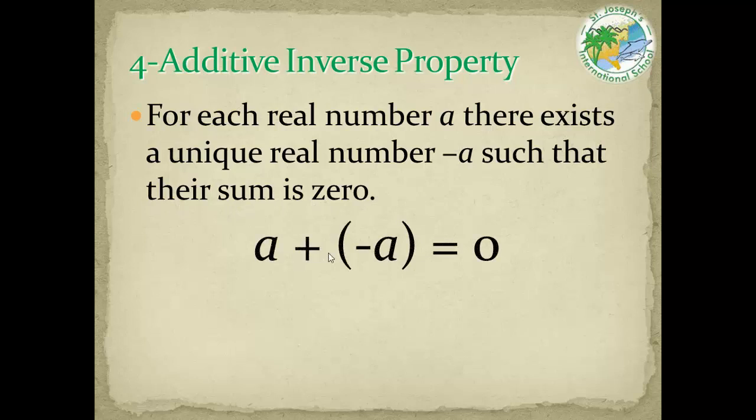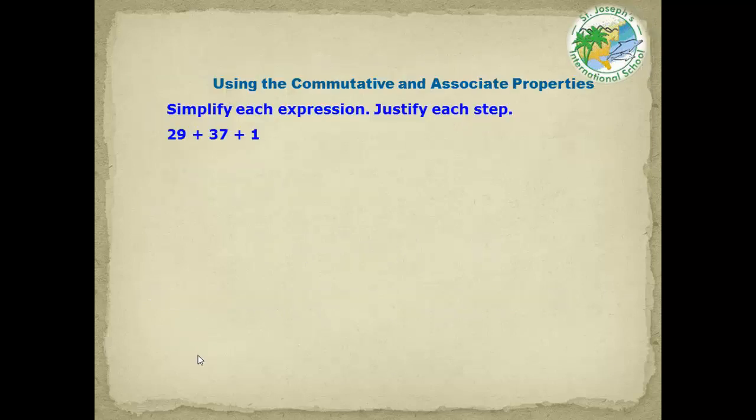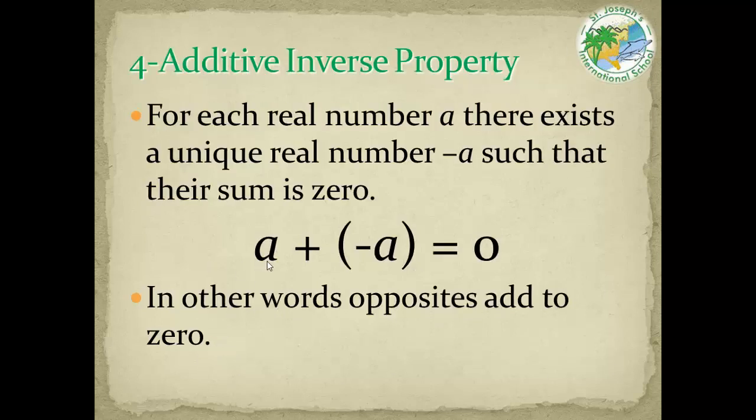A plus negative A equals 0. In other words, opposites add to 0. For example, 3 plus negative 3 equals 0, 5 plus negative 5 equals 0.